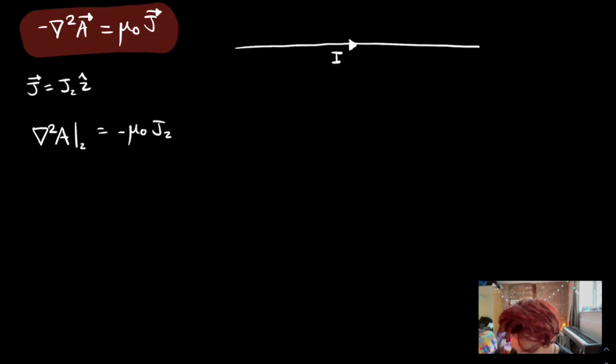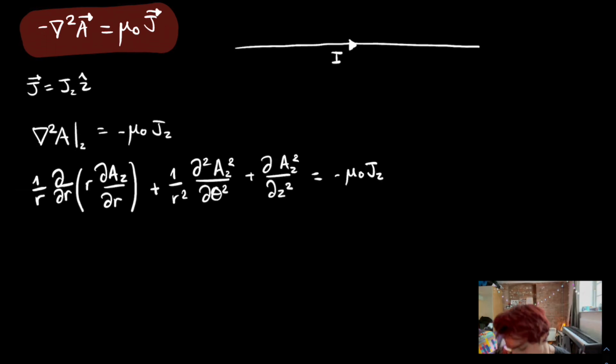And so what we're going to do is we're now going to substitute in the Laplacian in cylindrical coordinates with our function being Az, the Z component of A, because of course we've demoted it to just being the Z component of the magnetic vector potential, because of course that is going to be the only component which is going to be parallel to this J right here. So when we do that, we are going to get this right here.